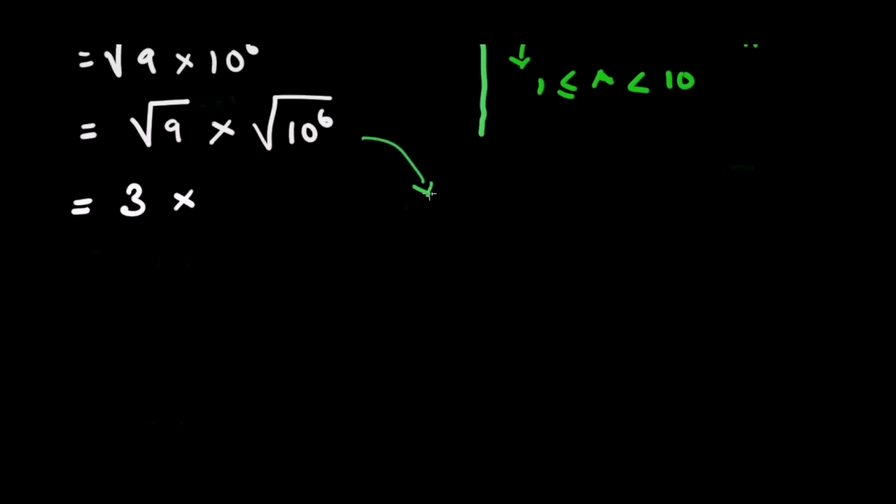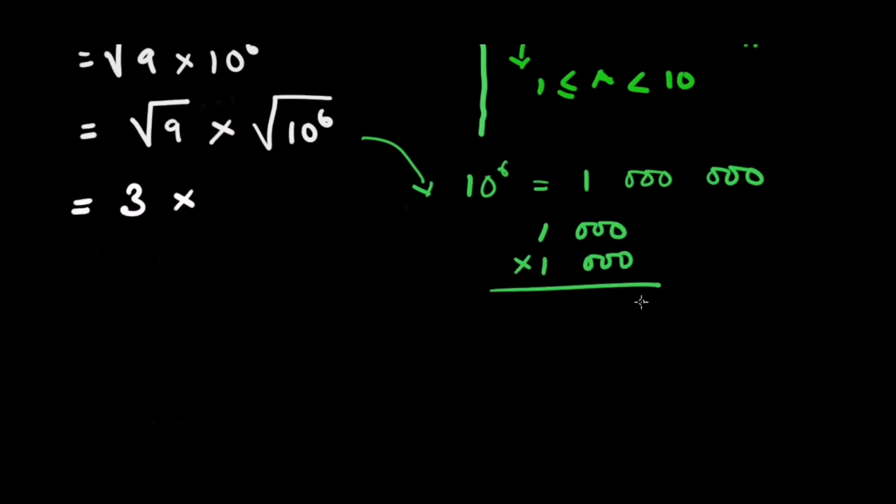We need a single number which, when multiplied by itself, gives a million, because 10 to the power 6 is equal to a million. If we take, for example, 1,000 multiplying 1,000, of course this is going to be a million. So the square root of 10 to the power 6 is 1,000.